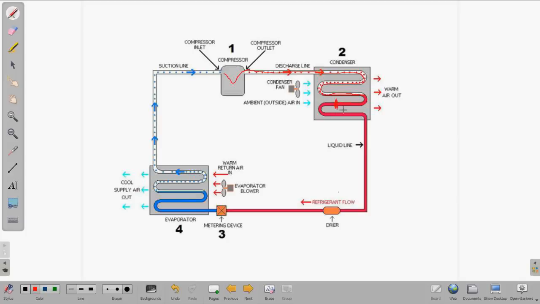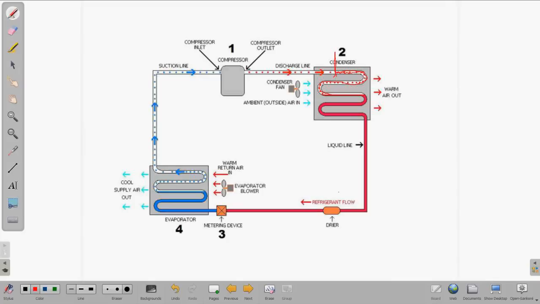If it's overcharged, what happens is it begins to back up early on in the coil. So it sits here in this coil for a longer period of time, and this is probably one of the hardest things for me to grasp: why does the superheat go down and the subcooling go up?